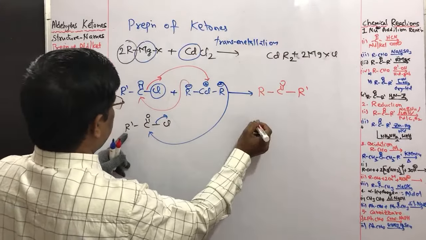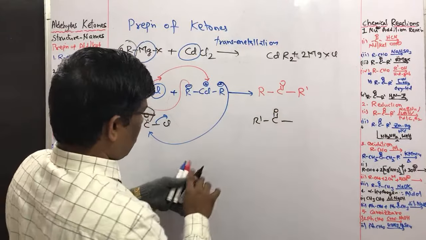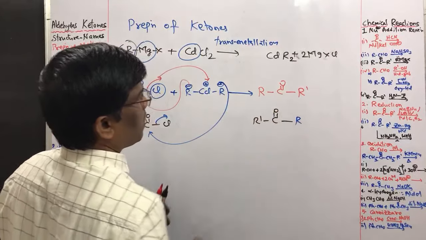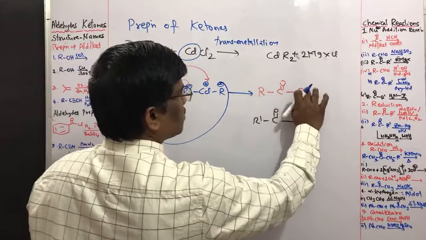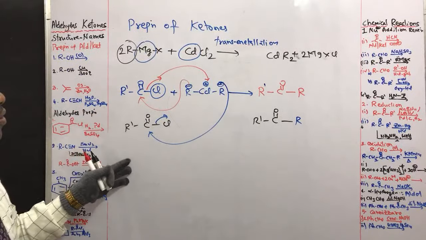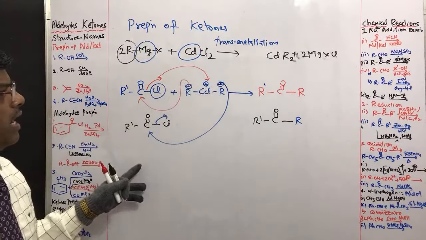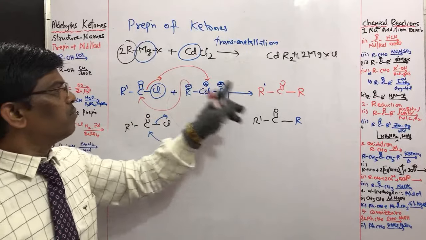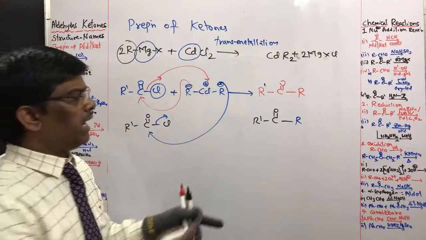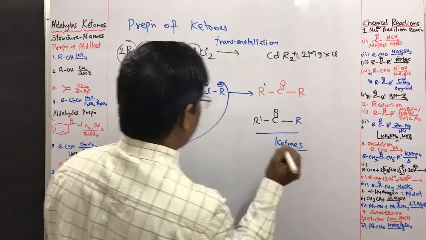I can write here R'CO, and this is the R which is coming from here. Yes, students, so both are same. So this is how, via cadmium chloride, transmetallation can be done to get ketones from acid chloride. Ketones can be prepared via cadmium chloride.